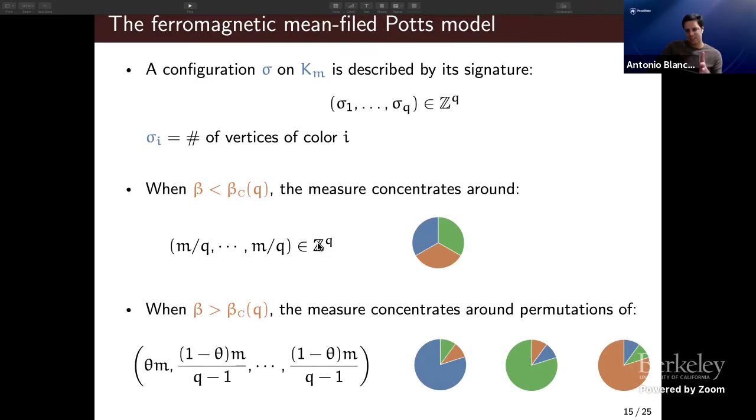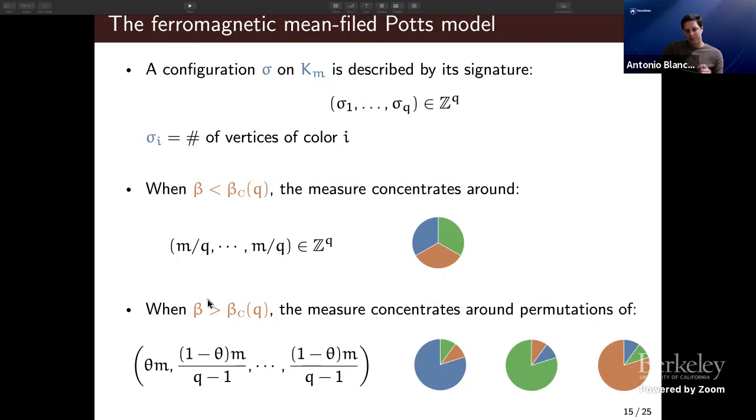What this says is essentially that if you draw a sample from the distribution, you're going to have roughly the same number of vertices of each color. For example, here you have the same number of blue vertices, the same number of green, and the same number of red, right? And you're going to have a good concentration around this type of configuration.